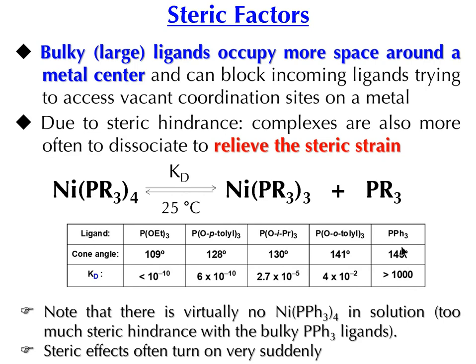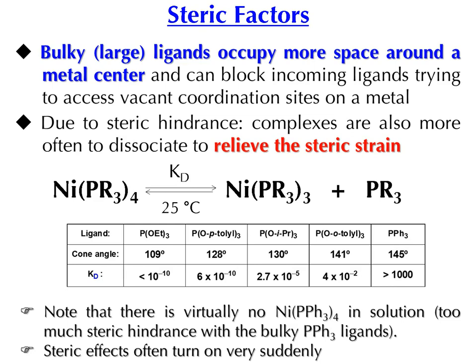But at the same time, triphenylphosphine in the series of phosphine ligands is the best donor. So the bond Ni-phosphine is the strongest. That means PPh3 cannot be dissociated easily from the nickel complex.